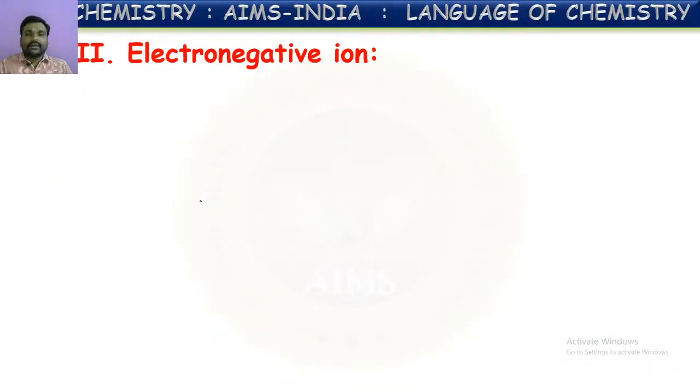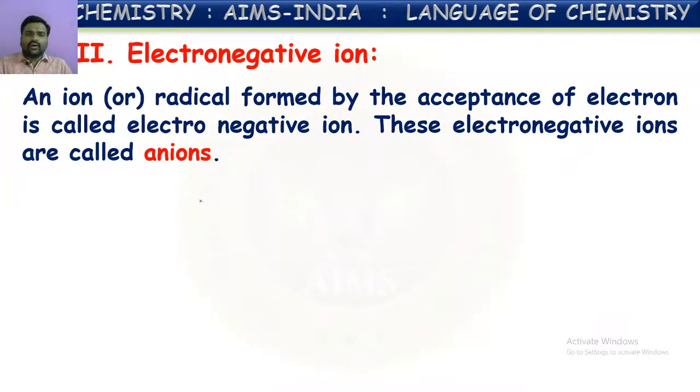Next one, electronegative ions. So an ion or radical which is formed by the acceptance of electrons, either one electron or more than one electron, is called as electronegative ions. These electronegative ions are also called as anions. So the ions which are formed by the gaining of electrons are called as electronegative ions.